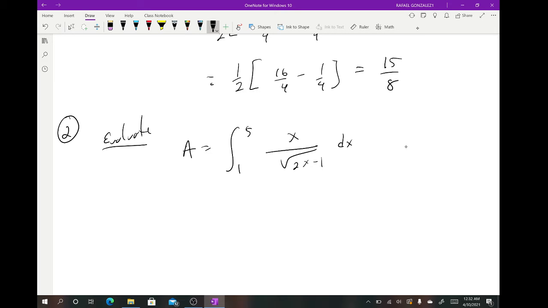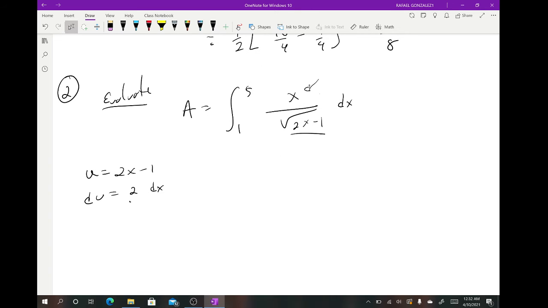Okay, so here we let u be 2x minus 1, which is the inner function here. That means that du is going to be equal to 2 dx. Notice that up here I have an x. I don't have a 2. So what I'm going to do is first divide by 2 on both sides here. So I'm going to have du over 2 is equal to dx.